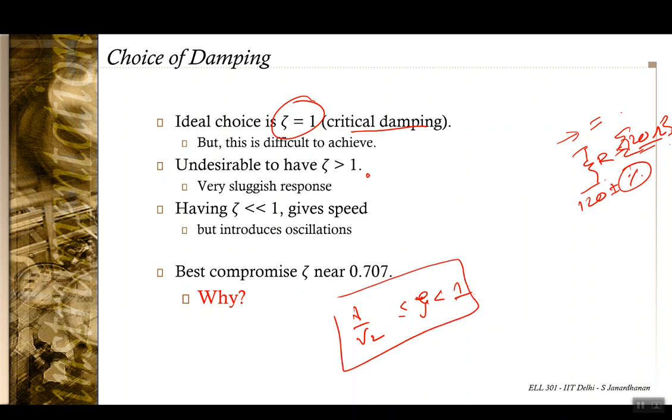So now instead of fixing zeta equal to 1, you can go between this range and choose or design the instrument in a manner such that the damping ratio falls in this range. Now exactly why this 1 by root 2 is being chosen, that is something I would leave for you to explore.